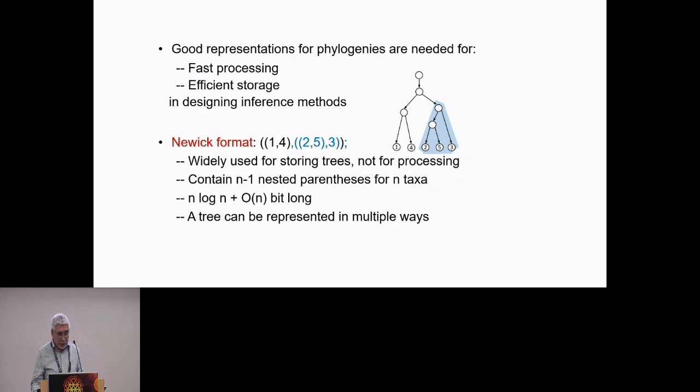In this format, each pair of open brackets represents an internal node. Therefore, the representation contains n-1 nested pairs of brackets if you have n taxa. This is optimal for storage purposes.